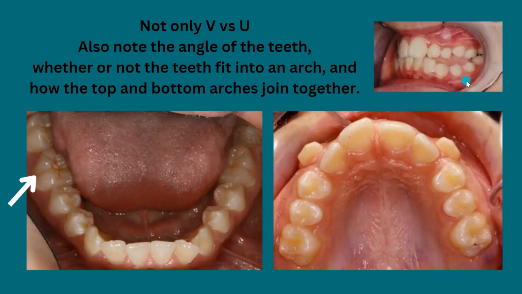And up here, I just wanted to show that the arch form on its own, we look often at just the top or the bottom, but sometimes you want to look at how the arches, the top arch and the bottom arch, are meeting together.